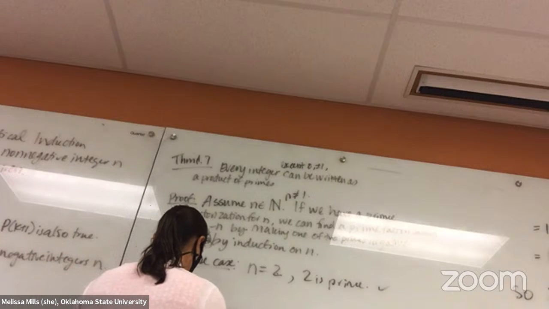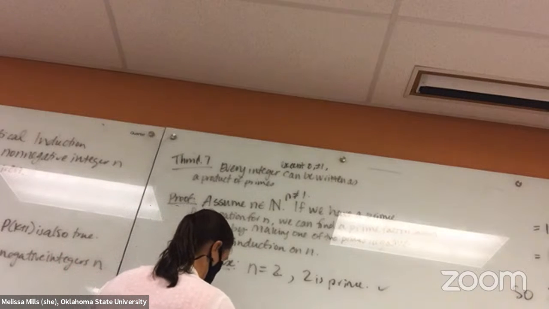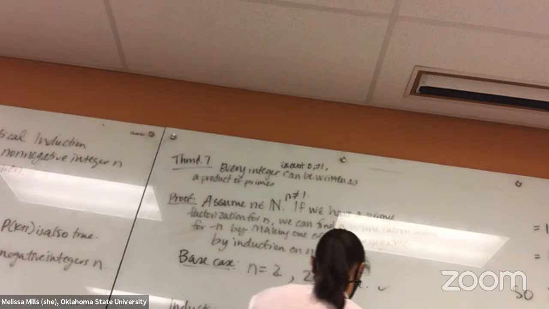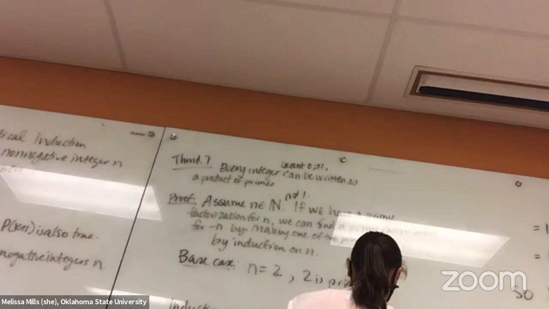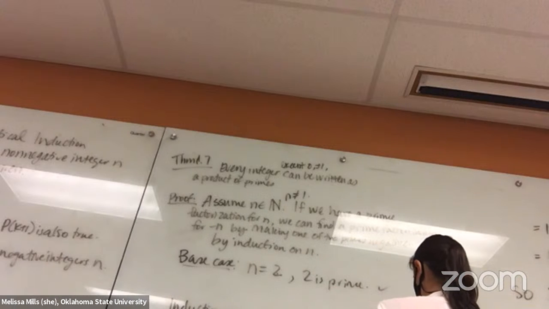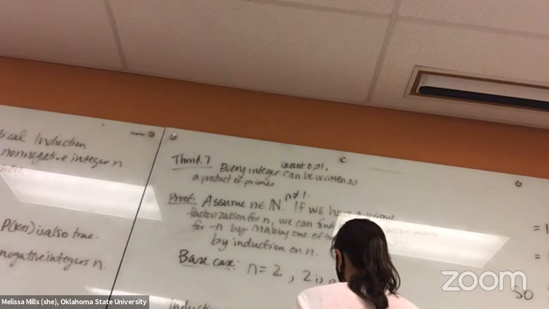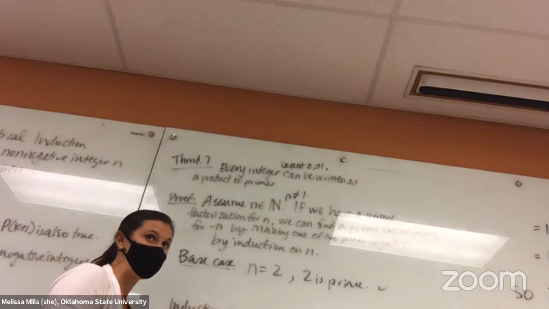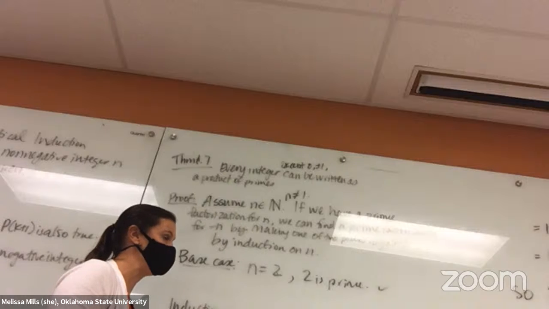And then we'll assume by way of contradiction that, actually, we don't need to do it by contradiction. What can we say about n plus 1? Either n plus 1 is prime, and then we're done. If n plus 1 is not prime, then what can we say?